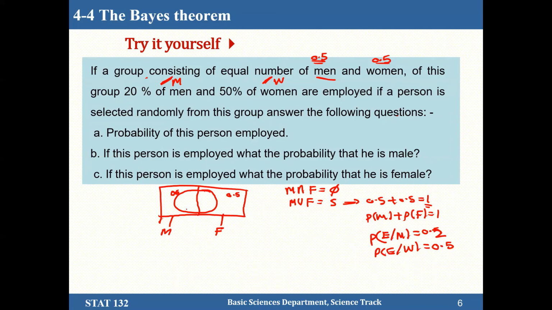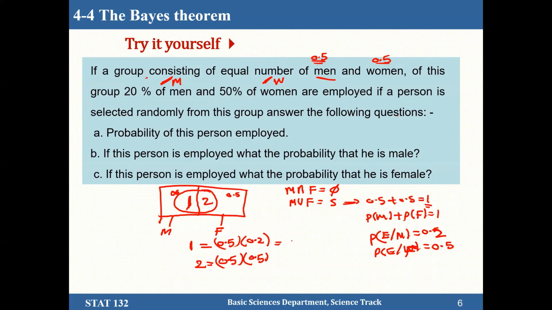Now we need to find 1 and 2. 1 equal 0.5, probability of men, multiplied by probability of employee given male, which is 0.2. 2 equal probability of female, also 0.5, multiplied by probability of employee given female, equal 0.5.